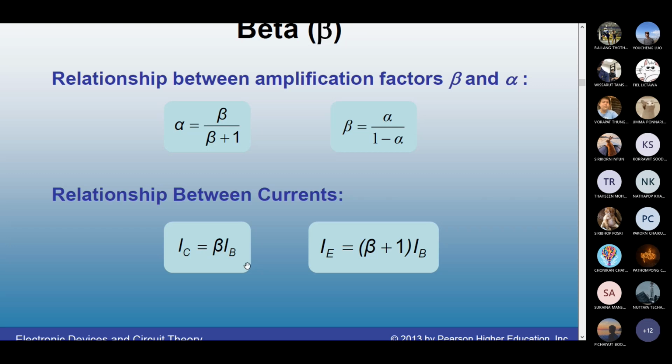Therefore, IB, the input base current, is the controlling element, and BJT is a current control device. If you take IE equals IC plus IB, you can find the right-hand side equation, because if you do it, IB plus beta IB, which means IB plus IC.